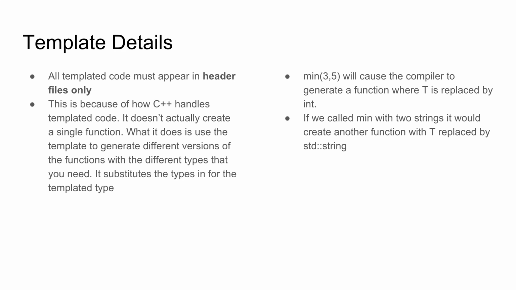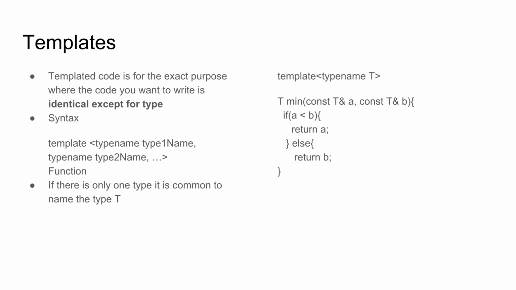So some details about templated code is that all templated code has to appear in header files. It shouldn't show up in your CPP files. This is because of how C++ handles the code. What it actually does is it doesn't create a single function for all min.